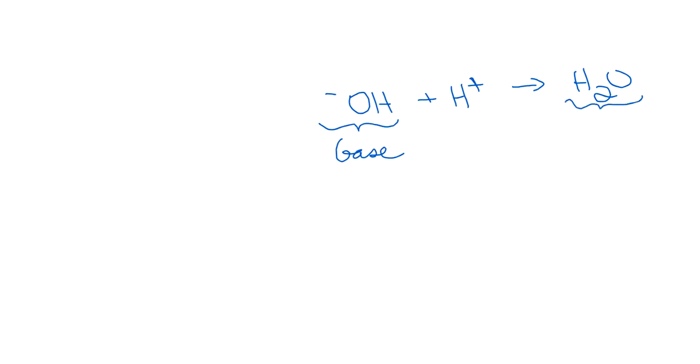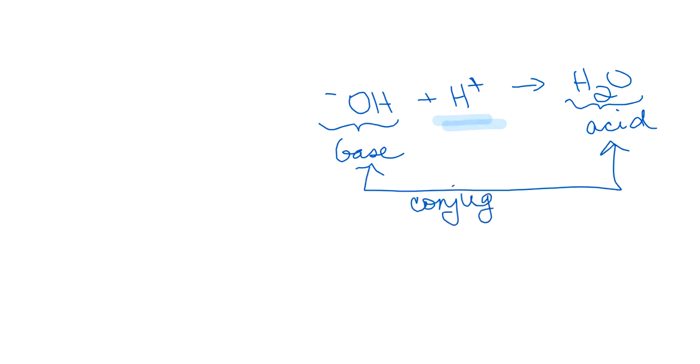The only difference is either the addition or the removal of an H plus. So when you have the same substance with only an H plus transfer occurring between the two, these are called conjugate pairs. This is a conjugate acid-base pair. Hydroxide is the base, and if I add a hydrogen, then water is the acid, the conjugate acid.